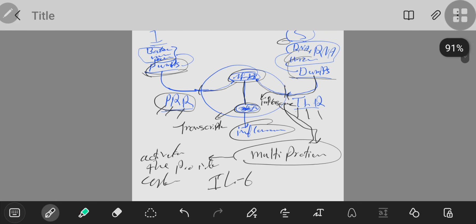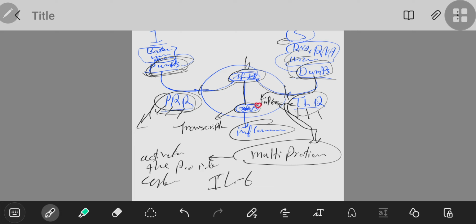I hope it's clear, and if there's a question, just hit me up in the comments below. I told you, if you couldn't remember the pattern recognition receptor, just say the abbreviation. It's important to know the dumps, like DNA, RNA, or uric acid, what the bombs are as well, and the role of NF-κB in inflammation.